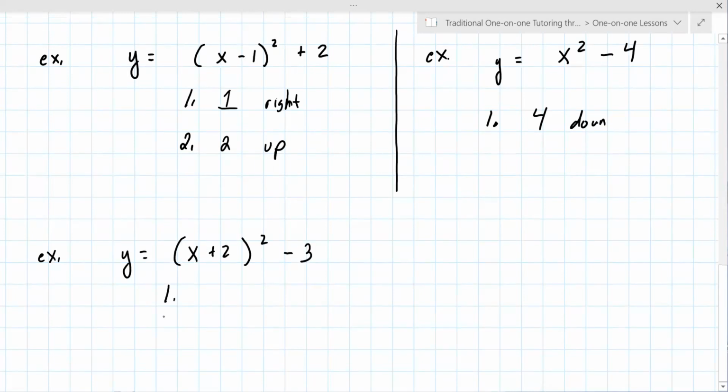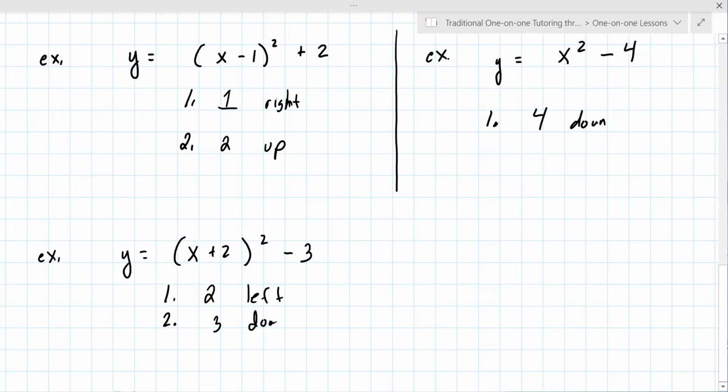This has two transformations. Let's see if you can get them both here. Two left, 3 down. Very good.